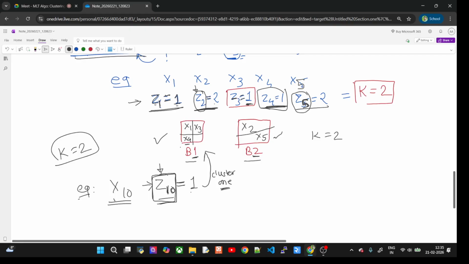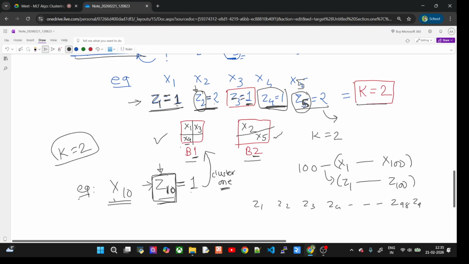But you will ask, what if k is equal to 3? Say I have 100 data points, x1 till x100, so I also have z1 till z100, the cluster indicators.